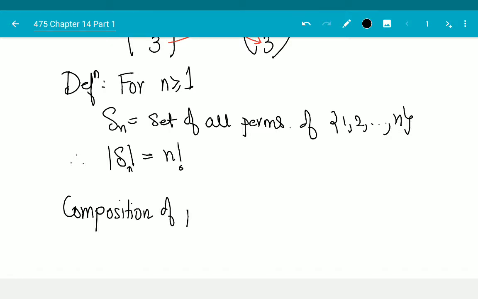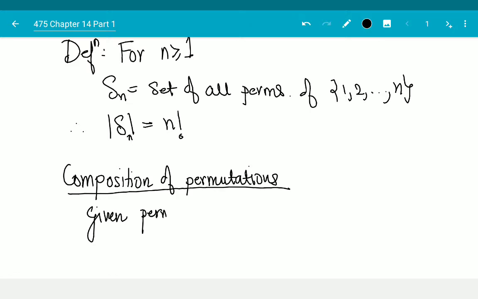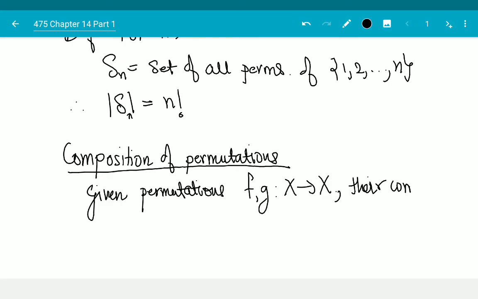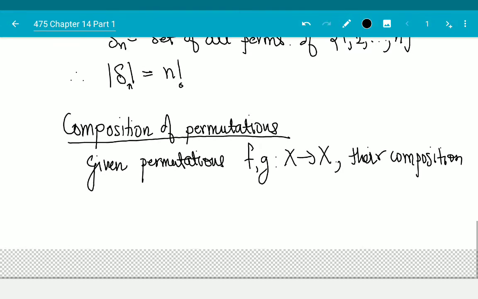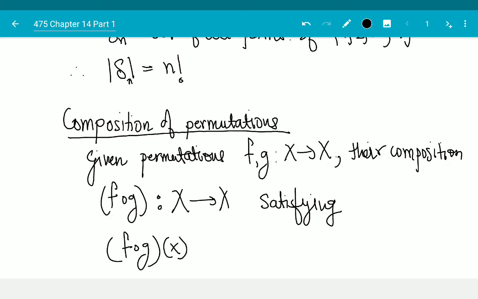Composition of permutations: given permutations f, g from x to x, their composition, which is denoted f composed with g, is a function again from x to x, satisfying (f∘g)(x) is exactly f of g of x, for every x in X.